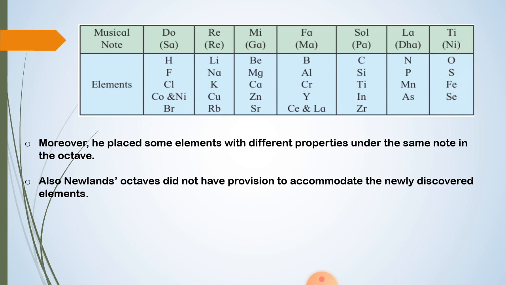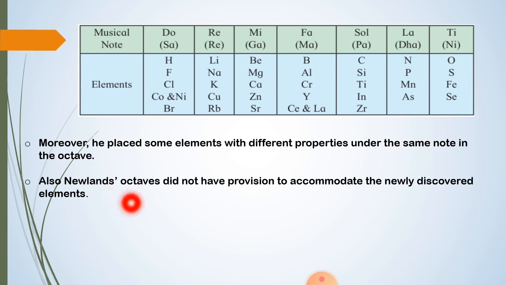So the elements which show similar properties are away from each other, but the elements which have different properties are placed together. So that is the limitation.